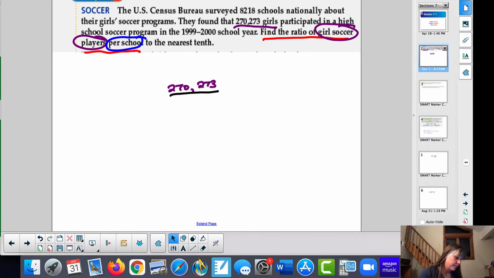And per school, that's this number right here. Now, when we want to find soccer players per school, we want that to be one school, not 8,218. So we're going to go ahead and divide those two numbers.